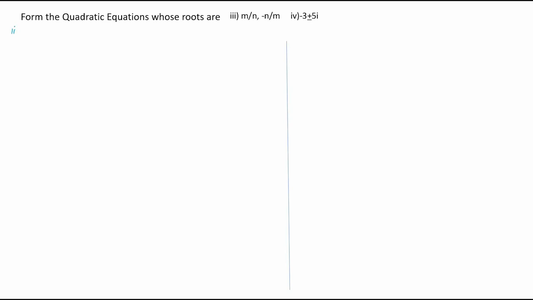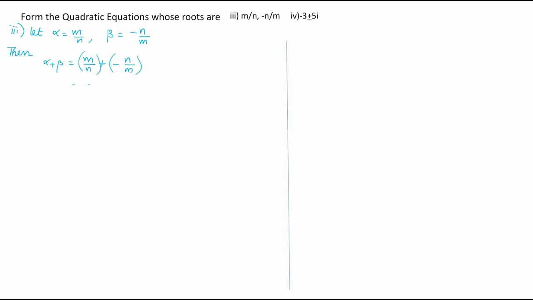The third case here, we are given a couple of roots. Let us take the roots as alpha is equals to m by n and beta equals to minus n by m. Then first we will find the sum of the roots, alpha plus beta, m by n plus minus n by m.